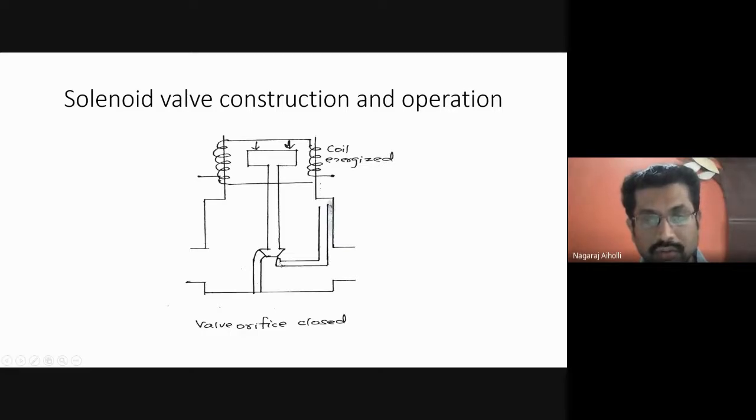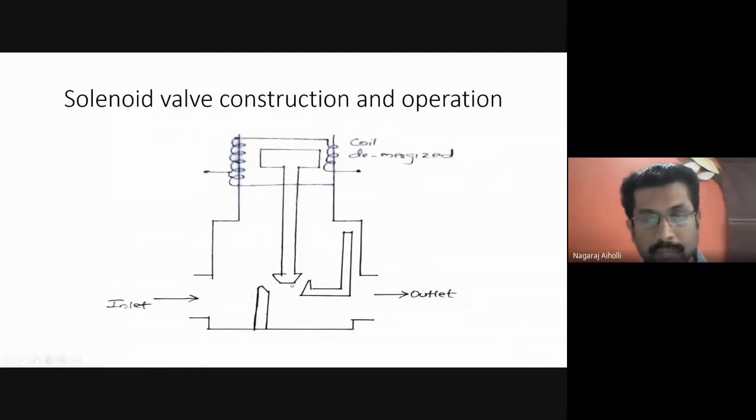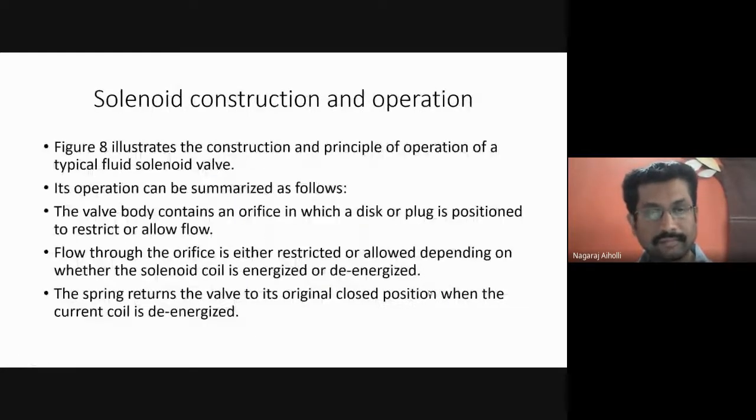There is closing of this orifice, and there is no movement from inlet to the outlet. When the coil is de-energized, there is opening of this plunger, and there is movement of the fluid flow from inlet towards the outlet. Right? It is just a working principle as to when it is energized what will happen, and when it is de-energized what will happen.